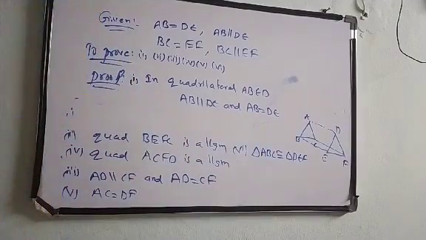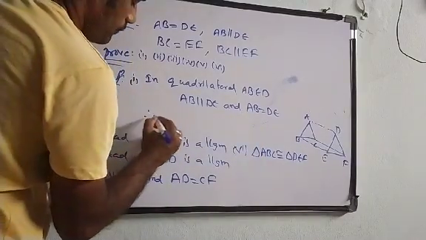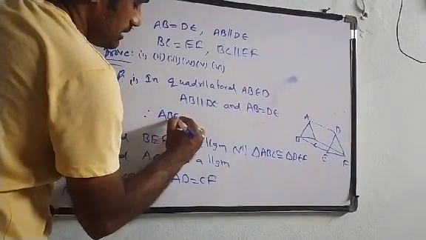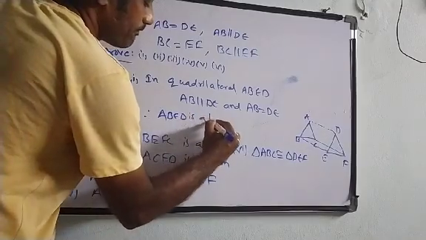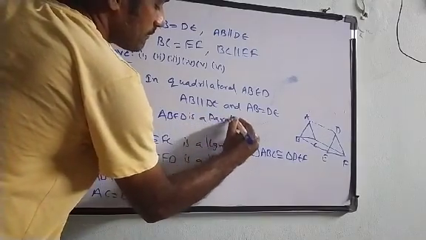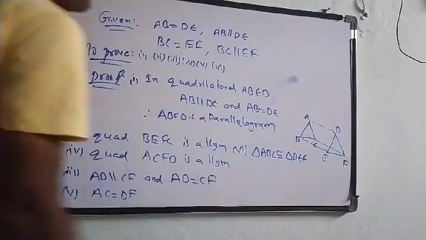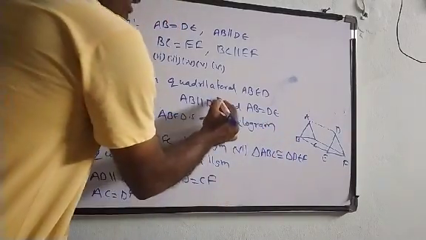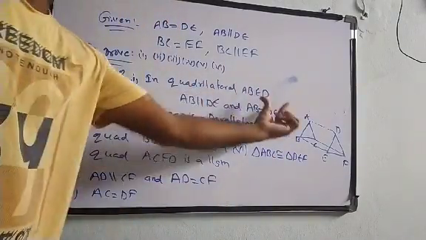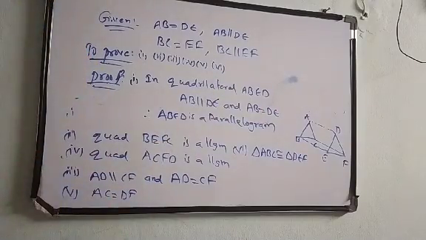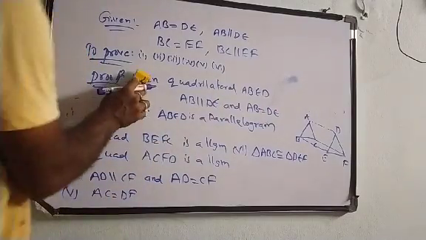By seeing this we can say directly that therefore ABED is a parallelogram, because in this one pair of opposite sides is parallel as well as equal. So we can call it a parallelogram.